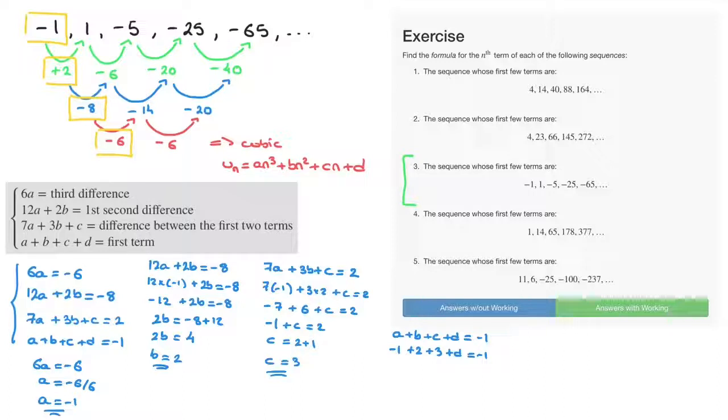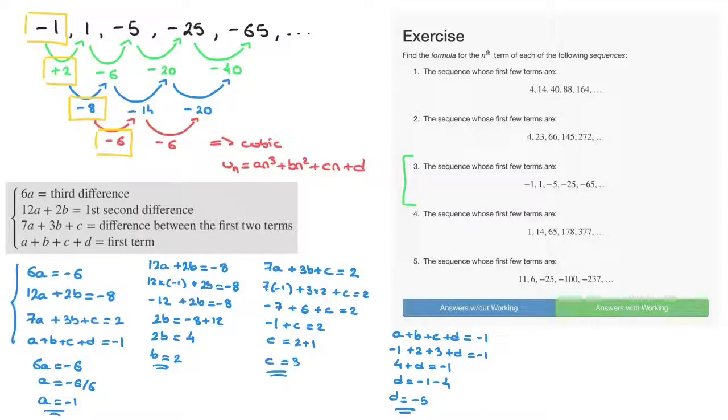Now negative 1 plus 2 is 1, plus 3 is 4. So we have 4 plus d equals negative 1. And finally, subtracting 4 from each side of this equation, that's d equals negative 1 minus 4, we find d is equal to negative 5.